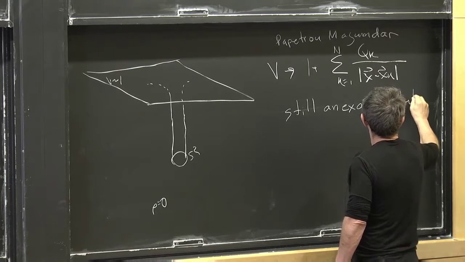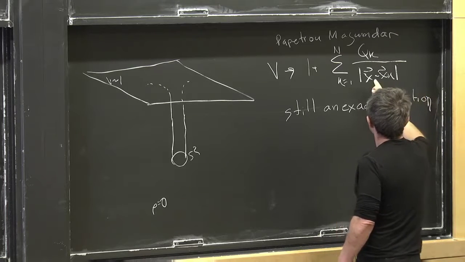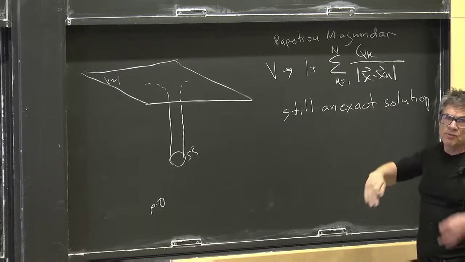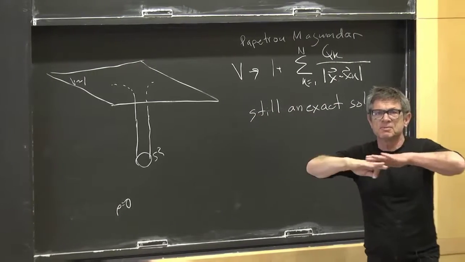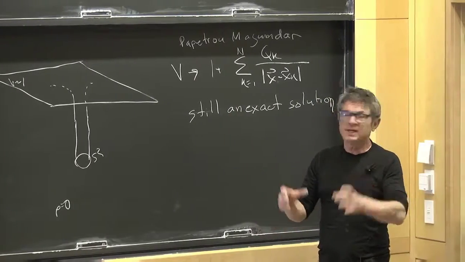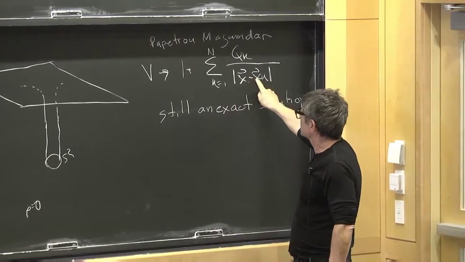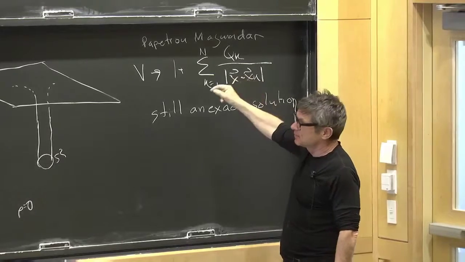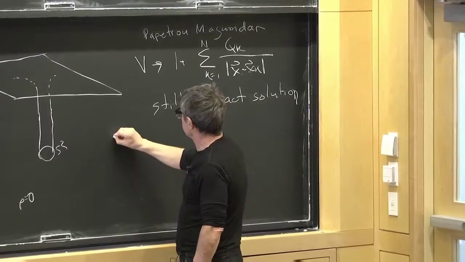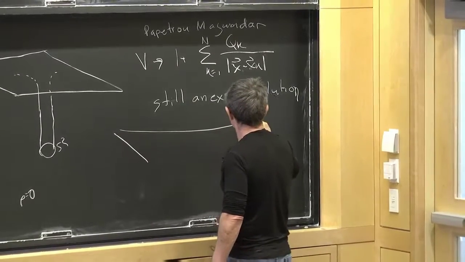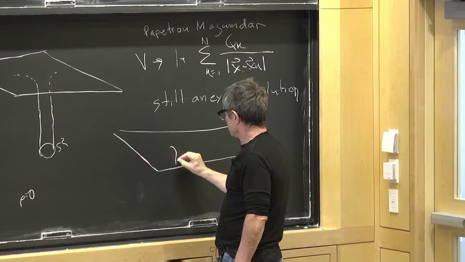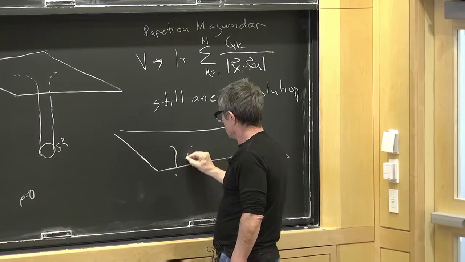So what does this solution look like? Well, now we have n singularities. And if we're far from any of the singularities, the metric is, of course, just flat. But whenever we get very near any of these xk's, we get this long tube forming. So we get a picture like this with a bunch of them.